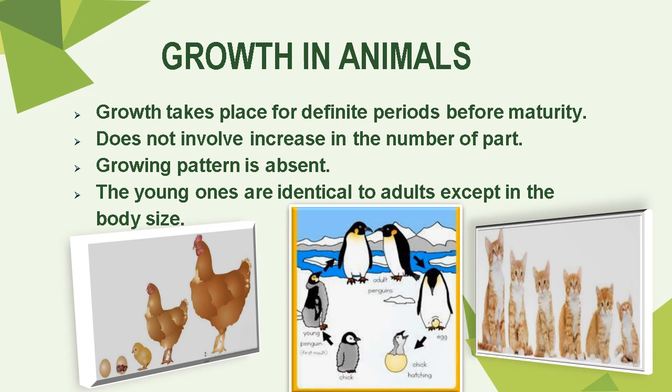They have no such defined growing regions like plants. The young ones are identical to adults except in the body size. Growth is diffused by all-around increases in different organs of the body.